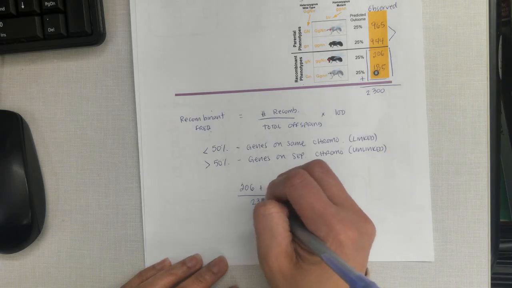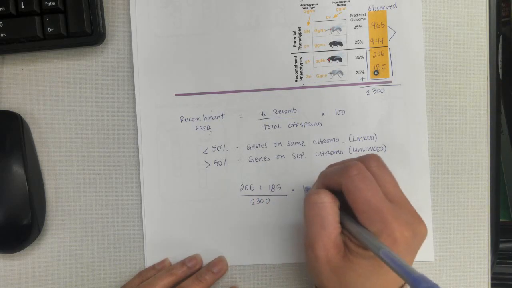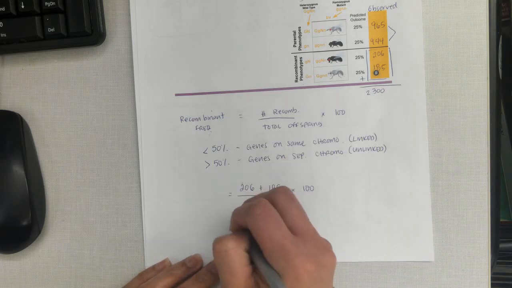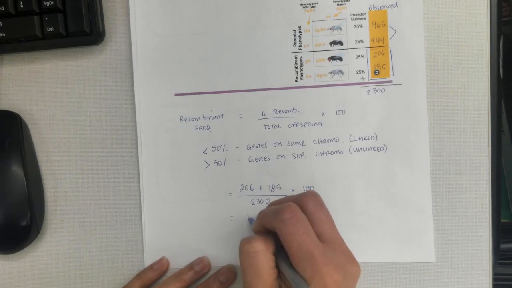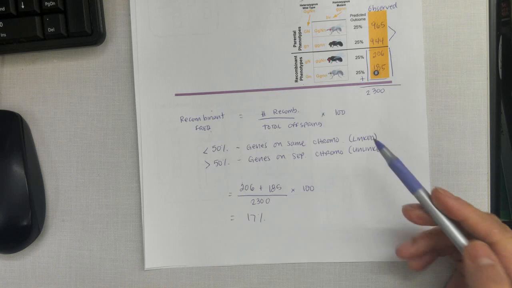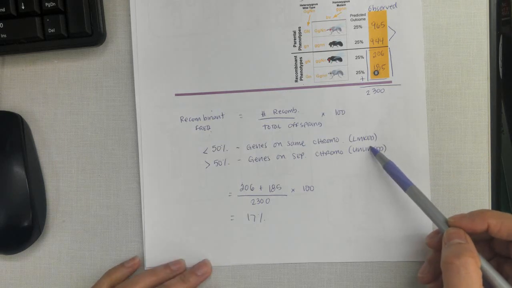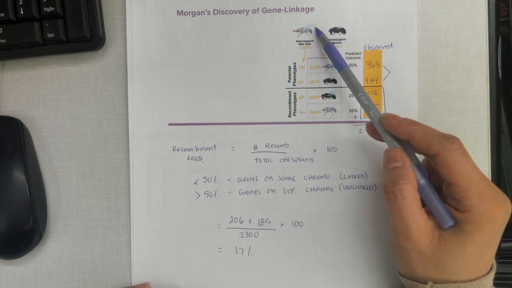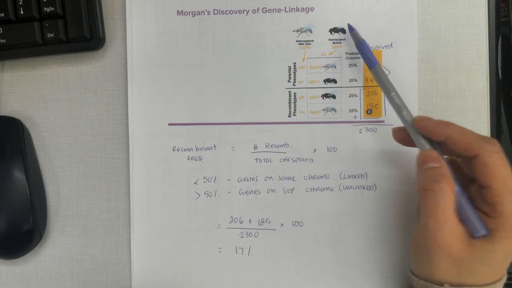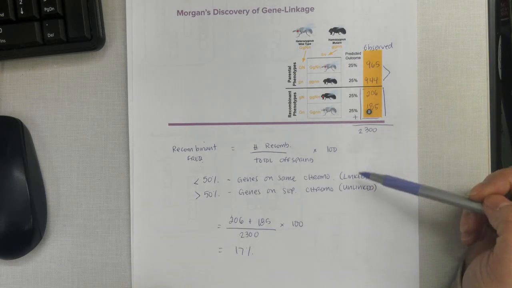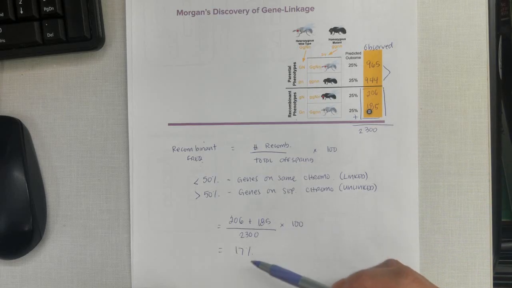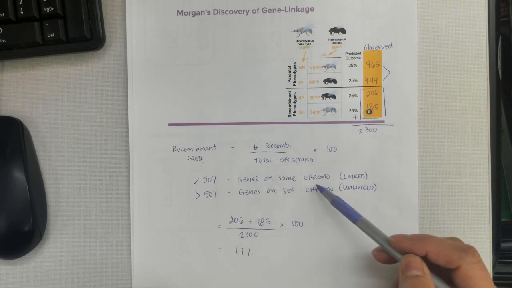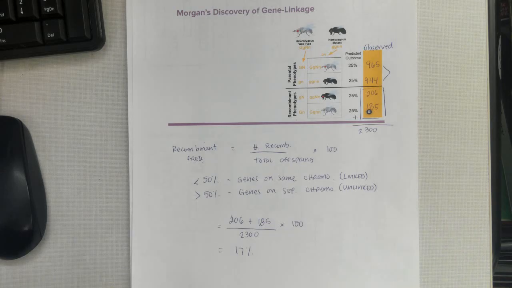When we multiply that by 100, our recombinant frequency is 17%. Knowing that, those two traits, body color and wing size, are very close together. That means they are on the same chromosome.